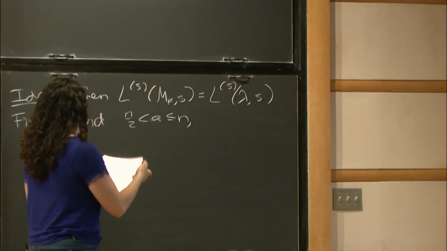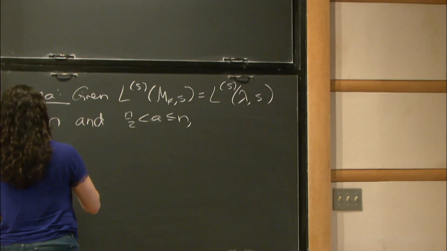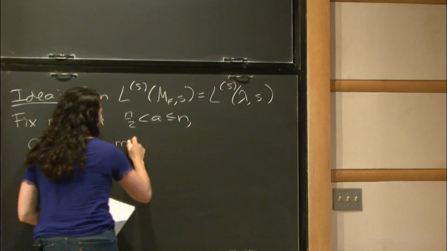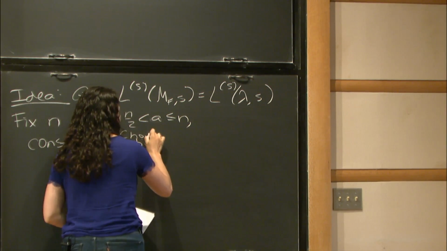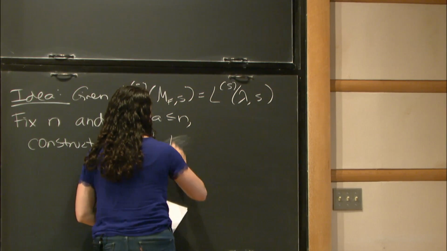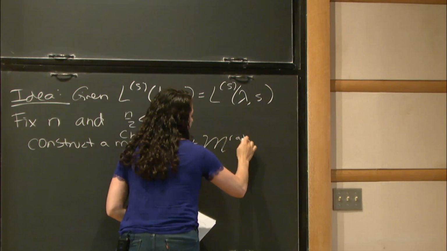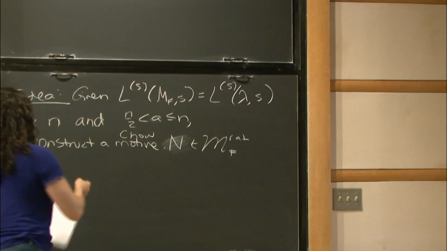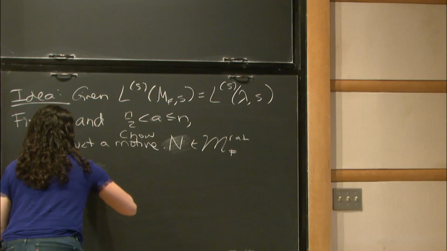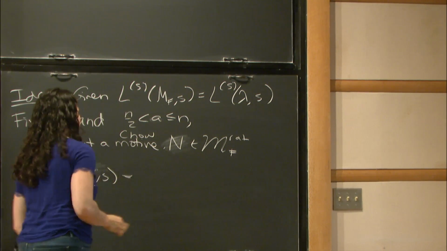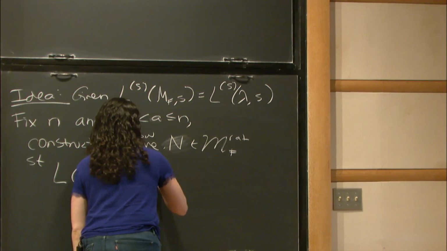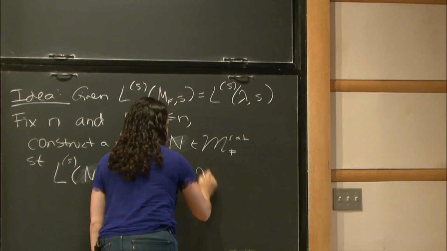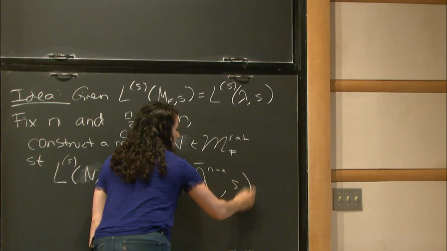So the idea is just, can you construct a motive, a Chow motive, N, still defined over F, such that now the L function of this new guy is equal to the L function, outside of the same set of bad primes, of lambda raised to the a, lambda bar to the n minus a?